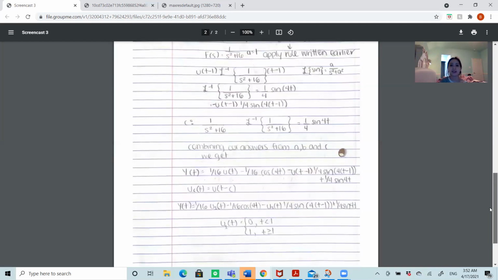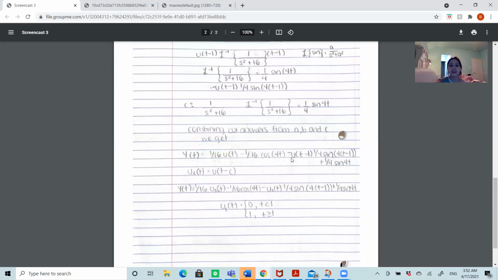So that's why we have negative u of t minus 1 times 1/4 sine of 4 times t minus 1. We plug in t minus 1 in here. And then plus the 1/4 sine of 4t. I forgot to mention that we plug in the t minus 1 here.